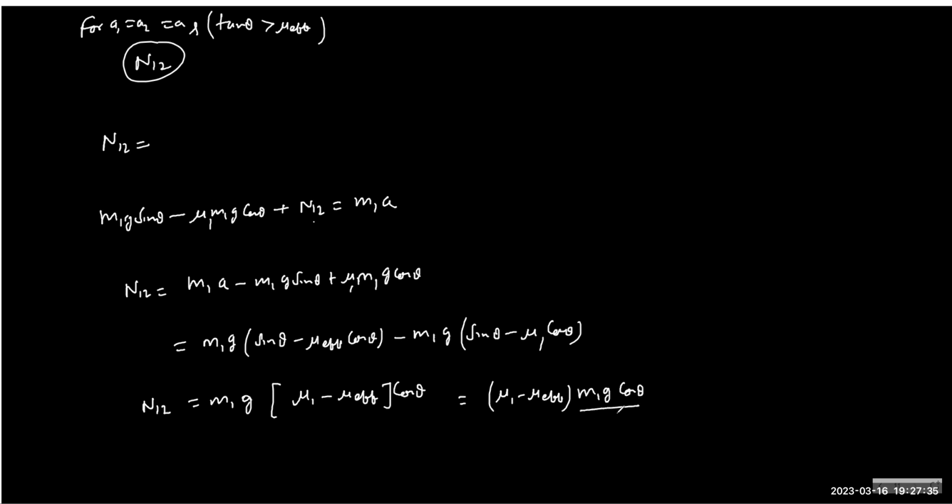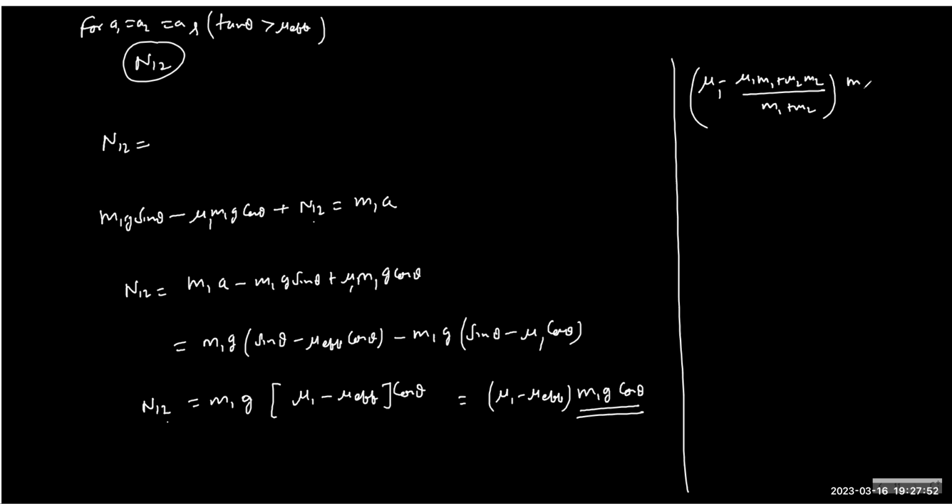This is not difficult. Let's substitute the value of mu effective, which is mu1 m1 plus mu2 m2. I generally don't remember, but you can just make a note of it. So mu1 and m1 get cancelled.